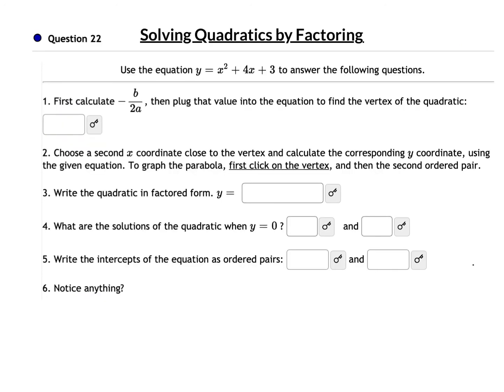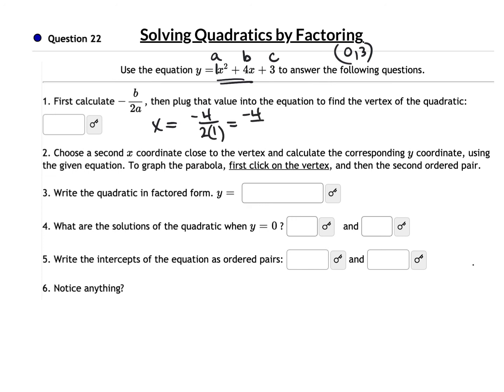One last example. Our a is 1 in front of the square, b is 4 in front of the x, and c is 3. C is the y-intercept, because if I put in x is 0, those two drop out, and I get y equal 3. 0, 3 is the y-intercept. Let's calculate the vertex. The opposite of b is -4 over 2 times a, 2 times 1.